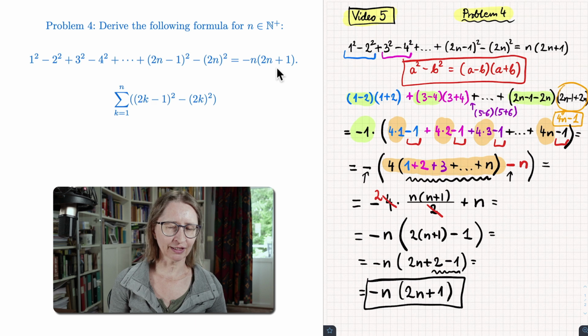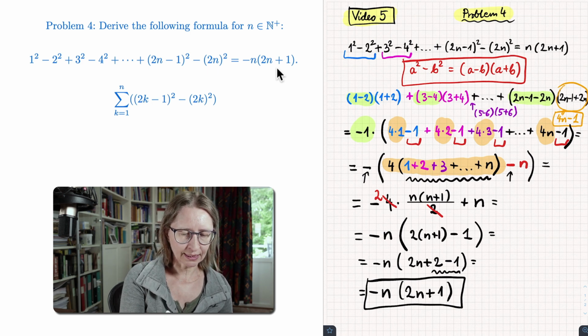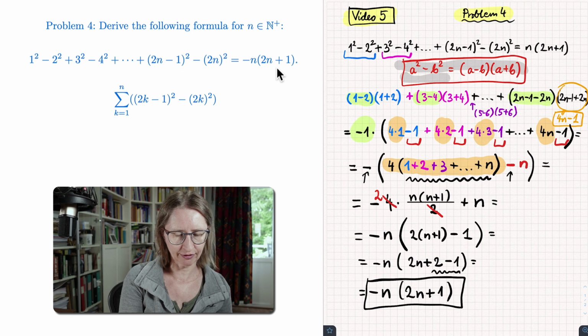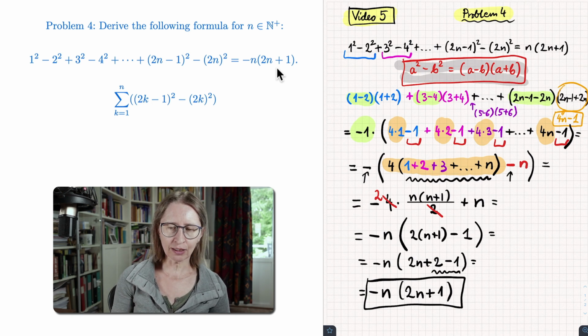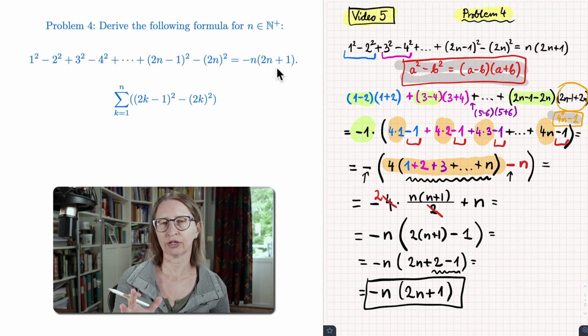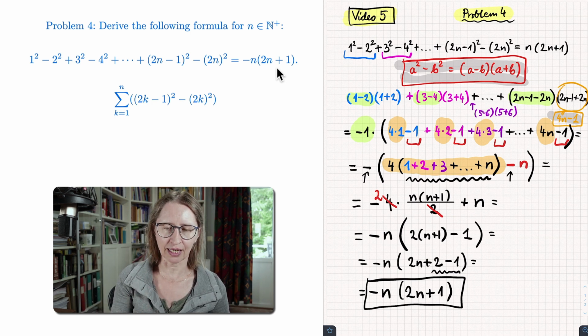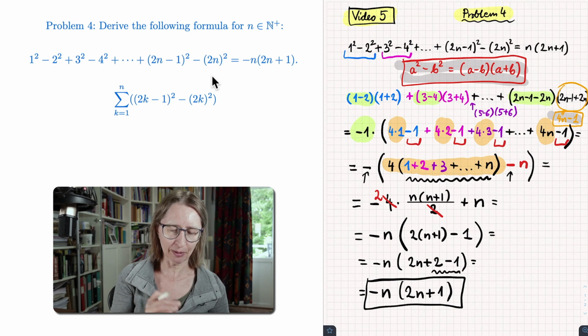So now you see that in derivation of this formula we used basically 3 tricks. The first one was using this formula here for the difference of 2 squares. The second one was the idea of using the general description for the last element in our sum, which was already written in an abstract way, and applying this abstract way of writing to the previous ones.